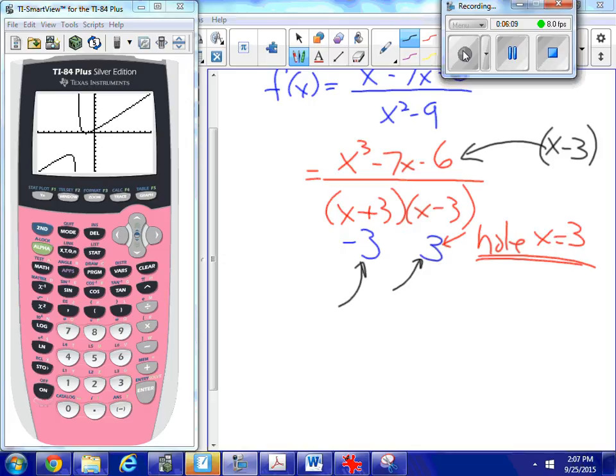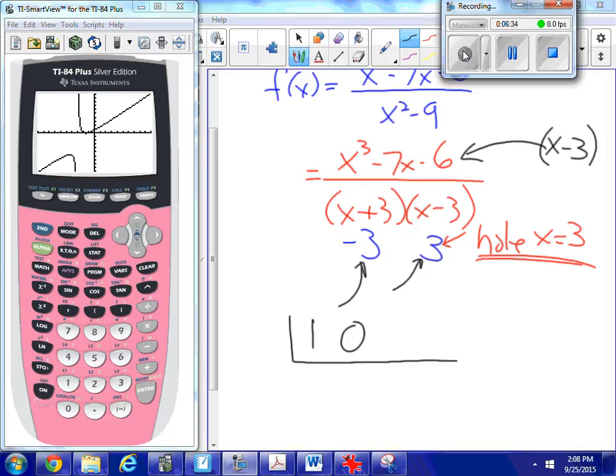So synthetic division says, if in fact I have a linear factor of a polynomial, I can take the coefficients of the polynomial. So x cubed, my coefficient is 1. I have to have a coefficient for every single power of x. So since there is no x squared there, my coefficient is 0.